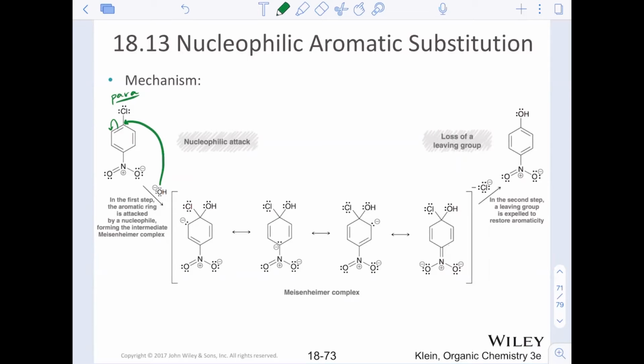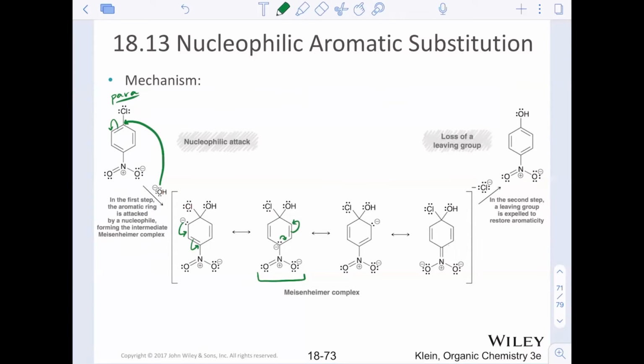So it does break aromaticity, and we do have the Meisenheimer complex, but the Meisenheimer complex is resonance stabilized. Here's that good one with the electron withdrawing group helping stabilize that negative charge in the ring, okay?